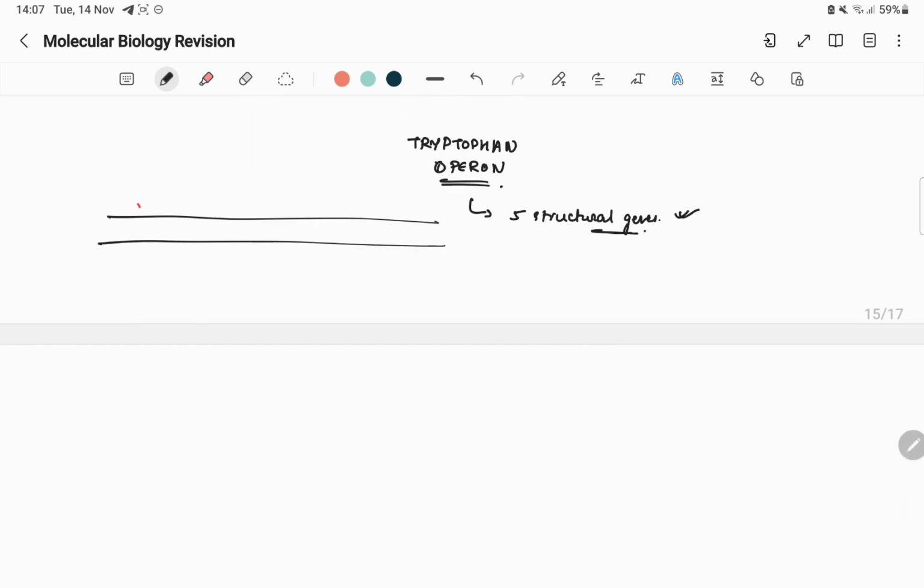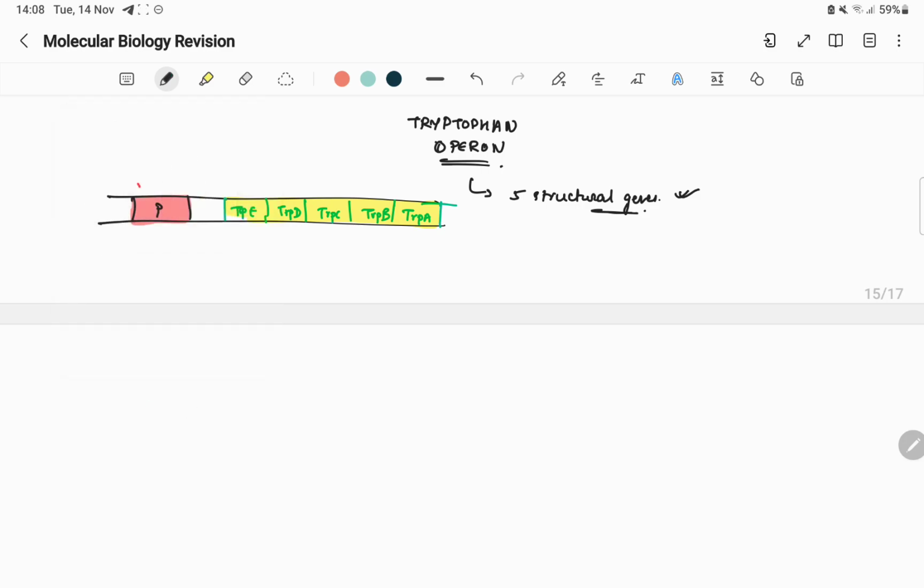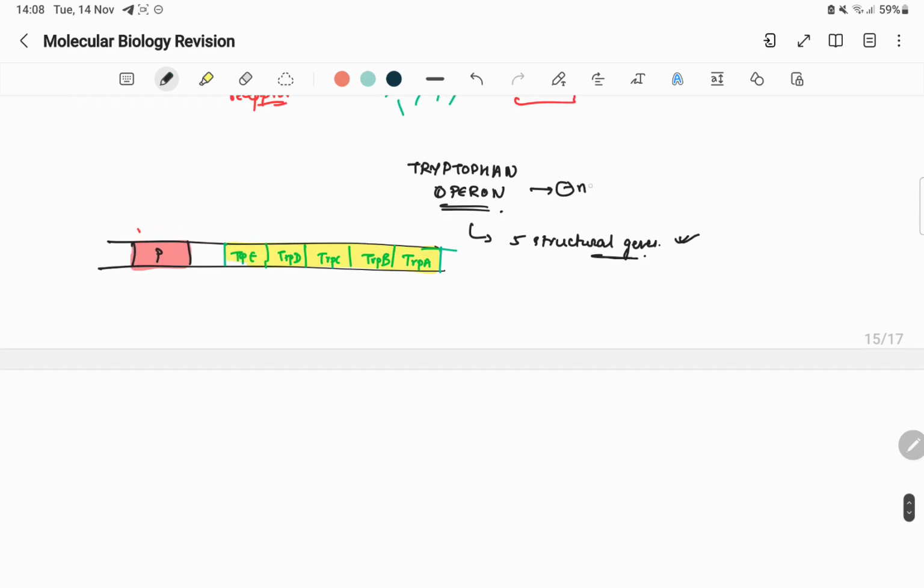It also has a promoter region, and the structural genes are labeled from A to E: trpE, trpD, trpC, trpB, and trpA. These are the five structural genes present over here. After this, it is subject to negative control.